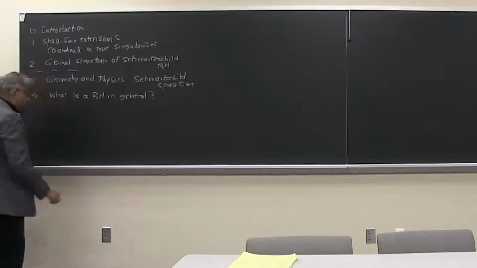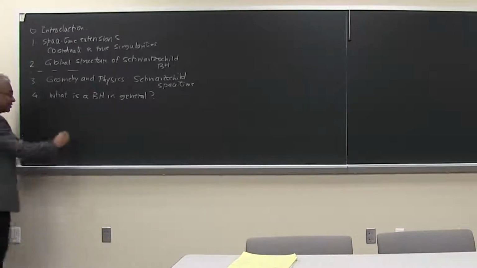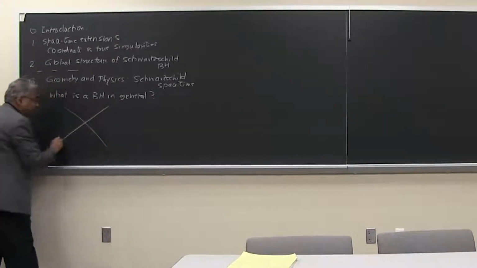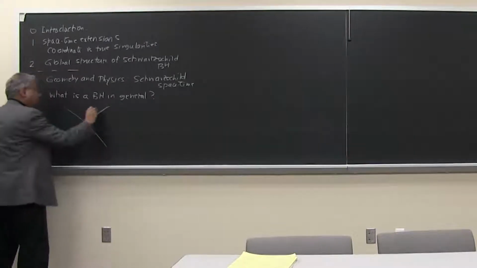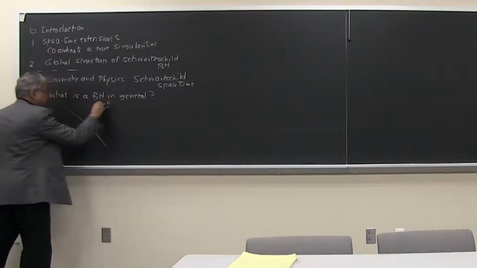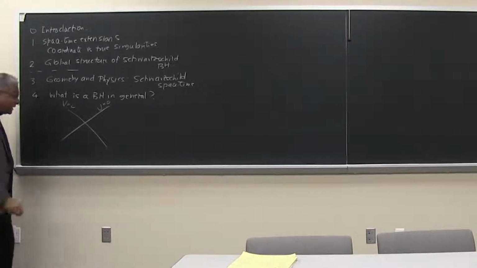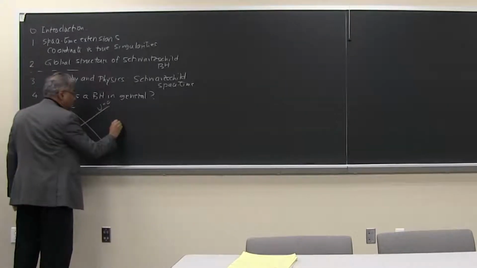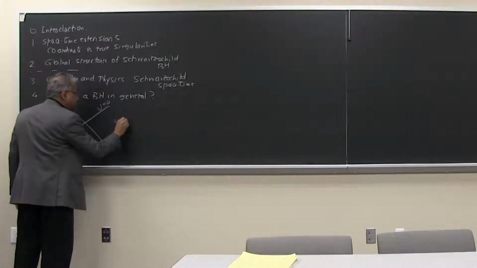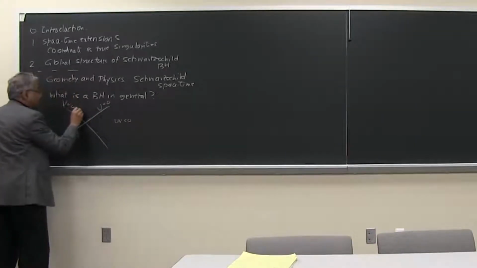So what we saw last time was that we got a global extension, and therefore the space-time looks like this. u equal to 0, this is the classical coordinate u, and v equal to 0. These are the coordinates. In this region, big U times v is less than 0. In this region, big V times u is bigger than 0.